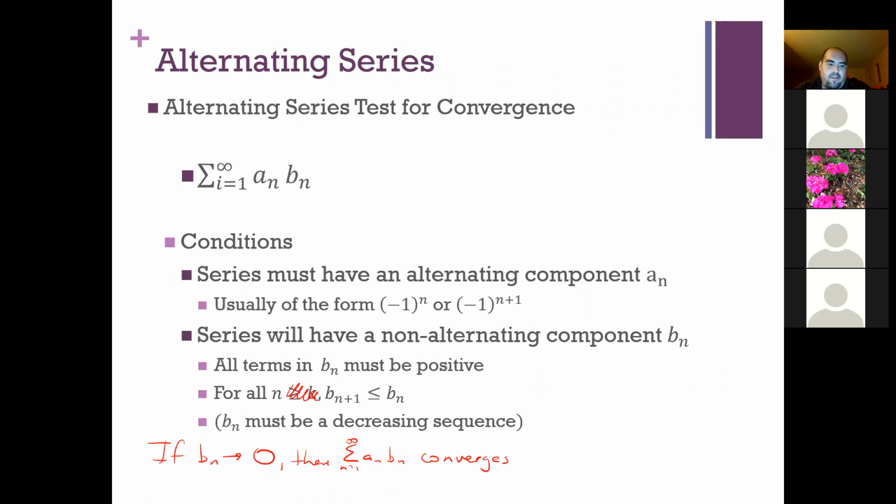And one thing I want to make really clear here is the limit as n approaches infinity of b sub n, if that limit is equal to 0, I am only looking at the sequence.